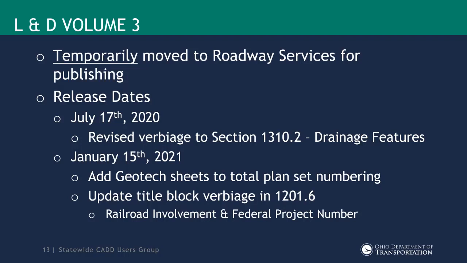In the old title block of our old plan sheets, we had a section for the railroad involvement and the federal project number, and those were removed for the ORD title sheets and moved off of the title block into the text area there on the right. So the L&D actually calls those out, so we're going to be revising that wording in there.